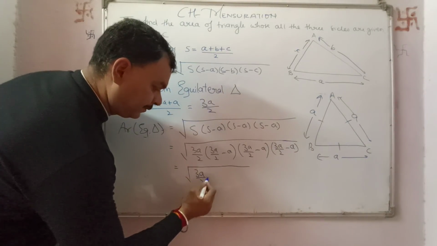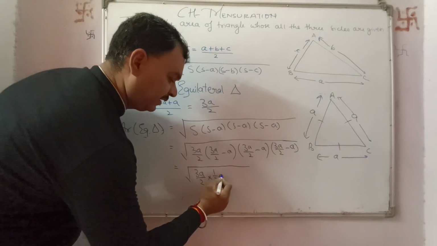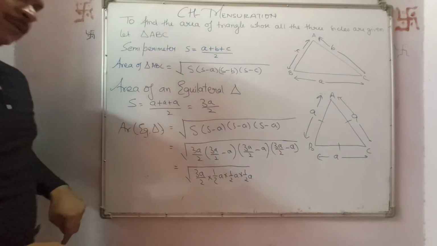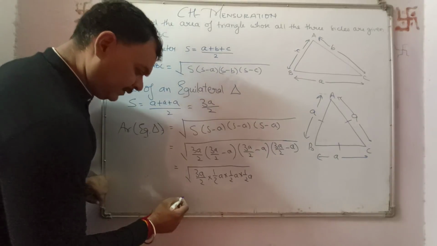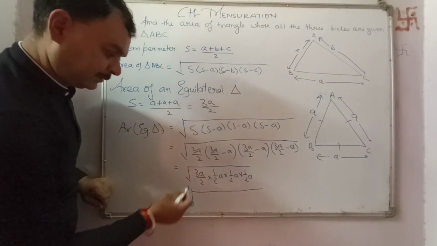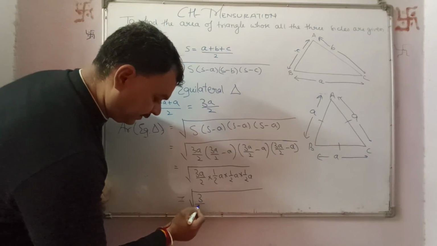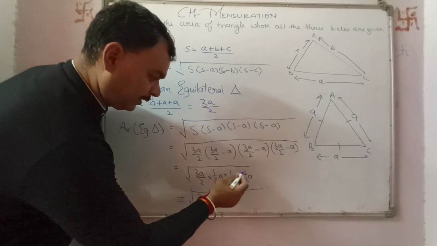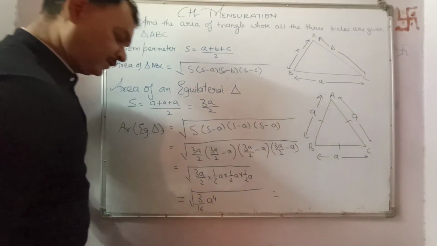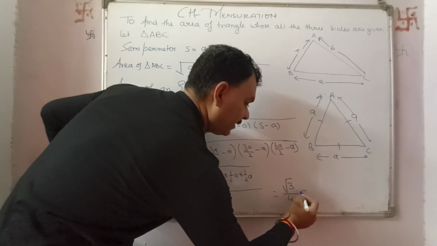Now 3 by 2 a minus a is 1 by 2 a. Same goes for the other two also. We can easily multiply them: 3 by 16, a raised to the power 4. On taking the square root, it will be root 3 by 4 a square.